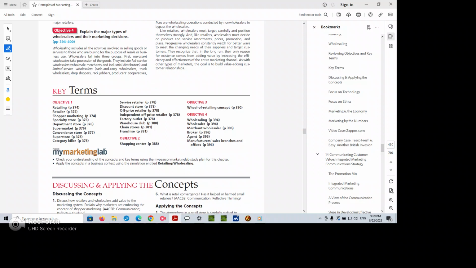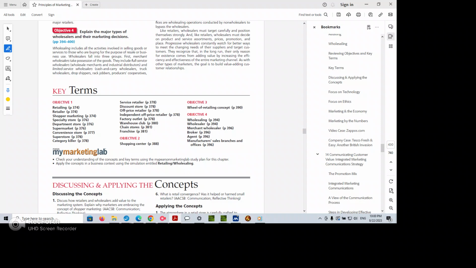Now, our final thing in terms of doing a skill check is to make sure we understand the key terms from all four objectives. From objective 1, that's retailing, retailer, shopper marketing, specialty store, department store, supermarket, convenience store, superstore, and category killer, as well as service retailer, discount store, off-price retailer, independent off-price retailer, factory outlet, warehouse club, chain stores, and franchise.